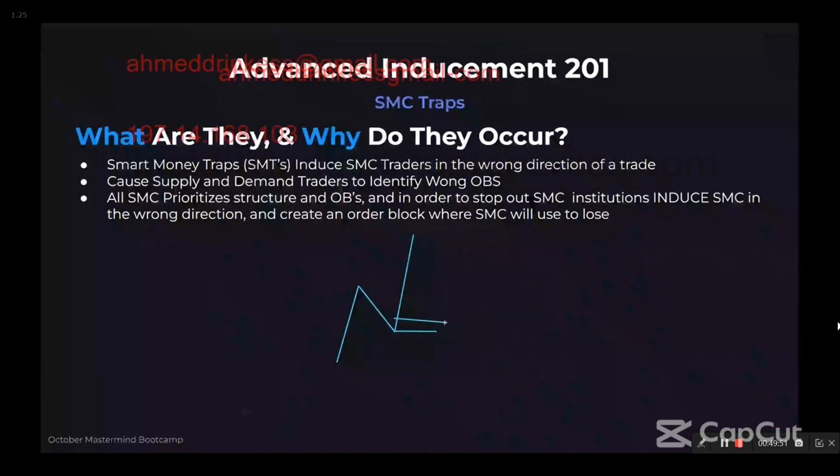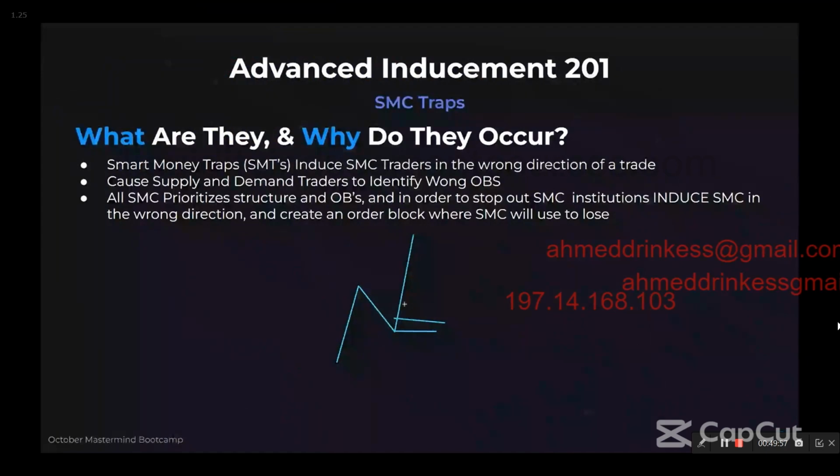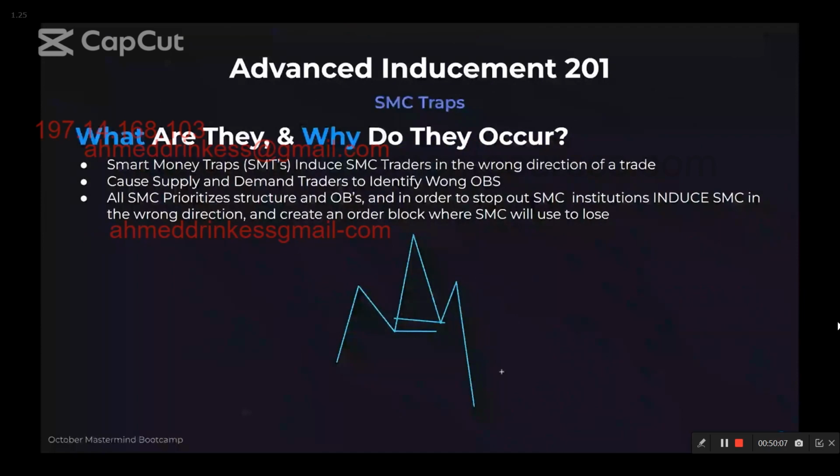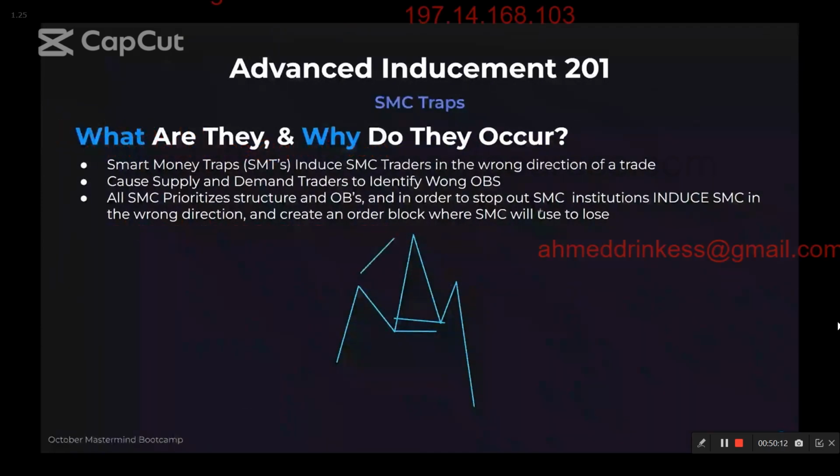They'd be looking for an order block over here, or a breaker block, Quasimodo, whatever, who cares, right? They're going to look for an order block that is structurally supported. So when it comes down here, they think, oh my gosh, I'm going to make all this money, I'm going to do so great. And then what happens? They end up failing. If this has happened to you, why do you think this has happened? Well, it's based all on this guy, inducement.